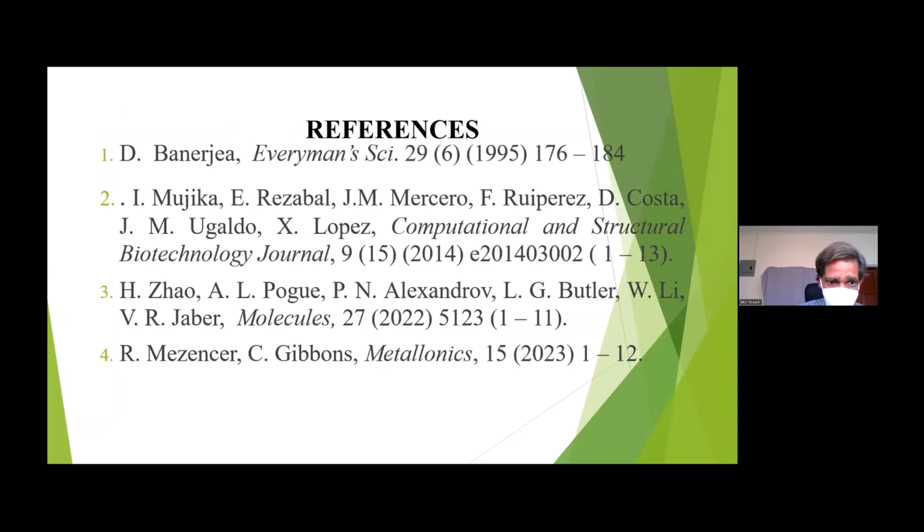References. These are the references. Number 1, Banerjee, Everyman Science, 1995. Mujika et al., Computational and Structural Biotechnology Journal, 2014. Number 3, Zhao et al., 2022. Number 4, Migenser and Gibbons, Metalonics 2023.